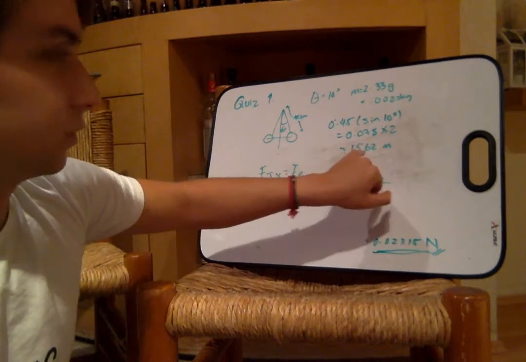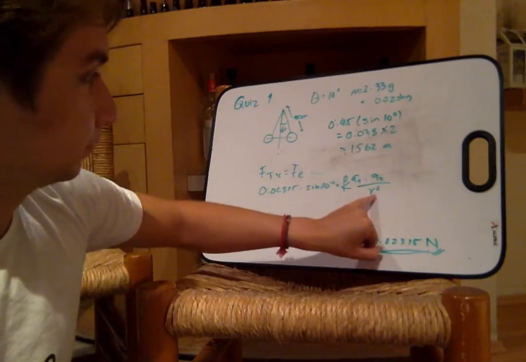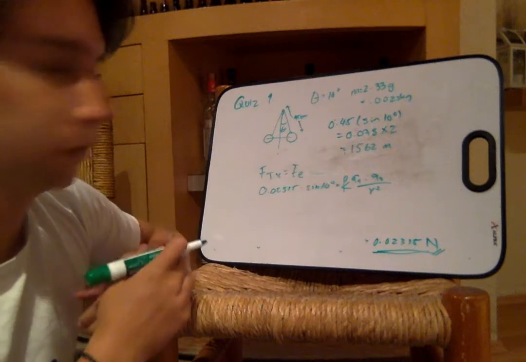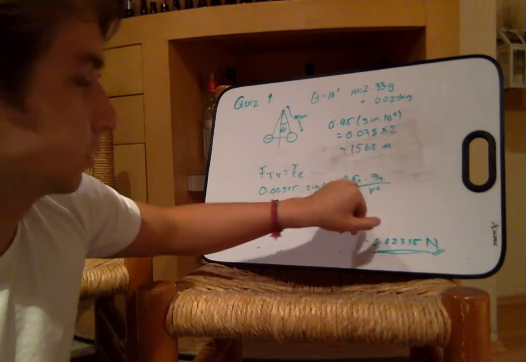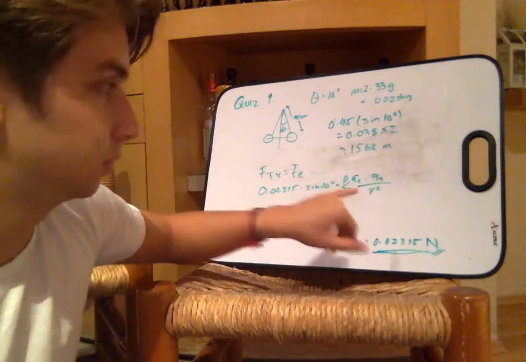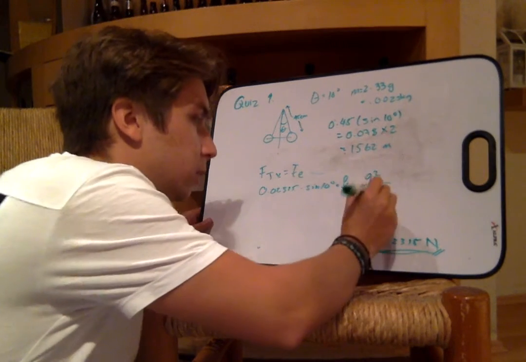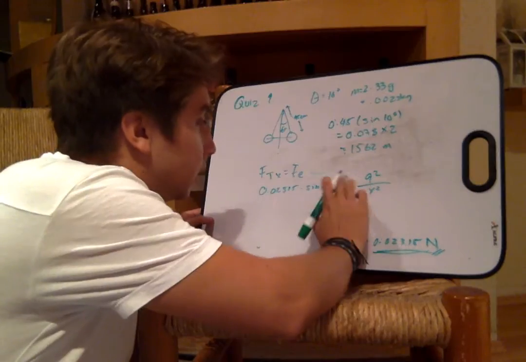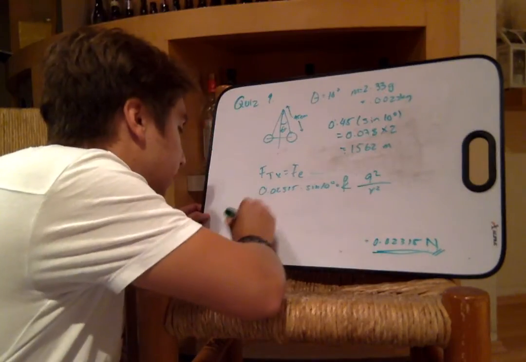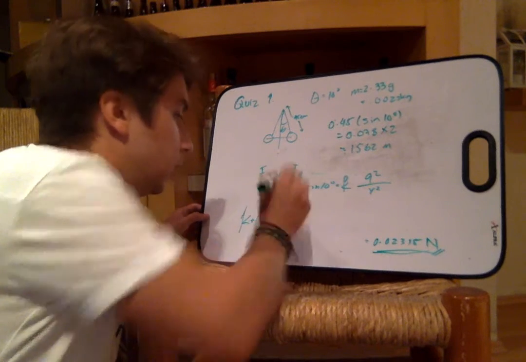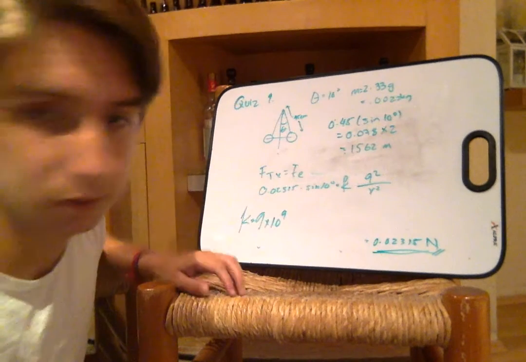So we'll use that value over here, 0.1562 squared, and as q1 and q2 are the same, those can be expressed as q squared, and we know that k equals 9 times 10 to the 9.